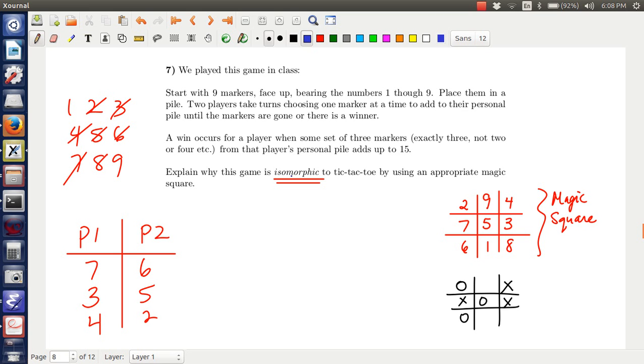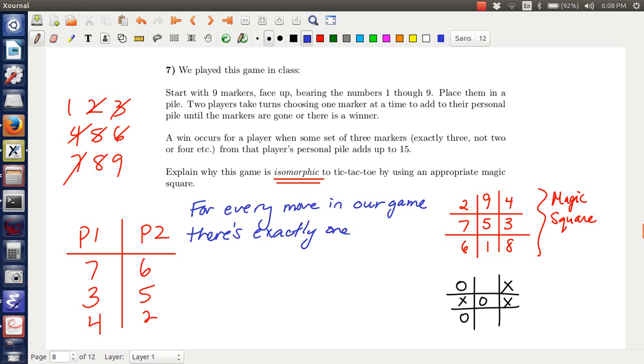To show that it's isomorphic, you have to show that for every move in our game, I called it something else in the answer key, there's exactly one possible move in the tic-tac-toe board, and vice versa.